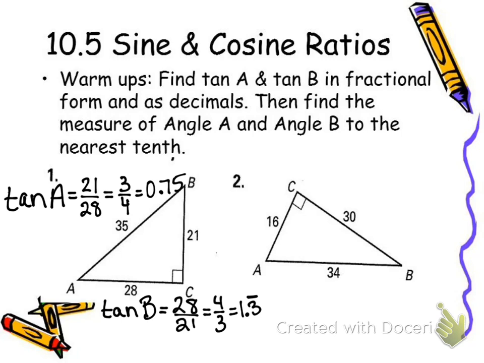All right, now we are going to have to figure out what the angle measures are. Angle A and angle B. Let's start with angle A. We have already got this tangent of A is equal to, and you can use 21 over 28, 3/4, or 0.75. It doesn't matter which one you use.